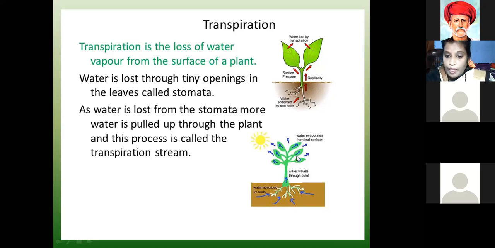After that, we see the water evaporates from the leaf surfaces. In the presence of sunlight, the water evaporates from the leaf surfaces. Why? Because the leaves already have water molecules, that is water contents. At that time, the sun rays fall on the leaves, and the leaves lose water. The water will turn to water vapor.